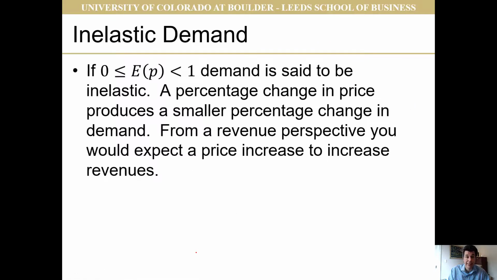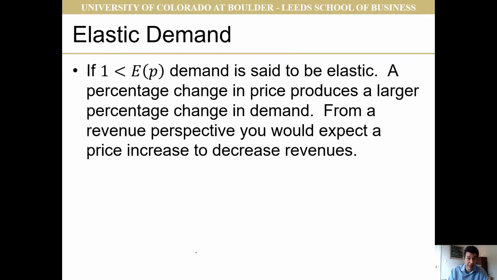So, inelastic demand: if 0 is less than or equal to E of P is less than 1, then we have inelastic demand, and that means a percentage change in price produces a smaller percentage change in demand. It's the ratio. And from a revenue perspective, you expect a price increase to increase revenues. So that's called inelastic. Elastic is E of P bigger than 1. A percentage change in price produces a larger percentage change in demand.